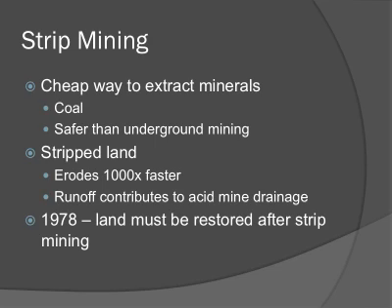Well, that loosens up everything, which increases erosion, makes it erode 1,000 times faster, and now all of this stuff is exposed to runoff, which when you're mining for things, it can create acid mine drainage, and so then it makes our lakes and rivers a little bit more acidic, which can affect all of those things we talked about the other day with fish kills and algae blooms and all of those things. In 1978, they actually enacted a law that said land must be restored after strip mining. We have to do something, plant vegetation on it, put everything back where you found it, something like that.